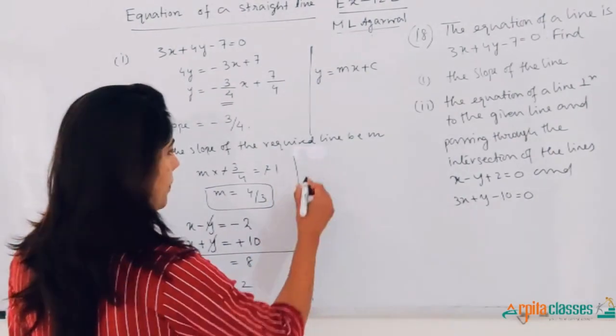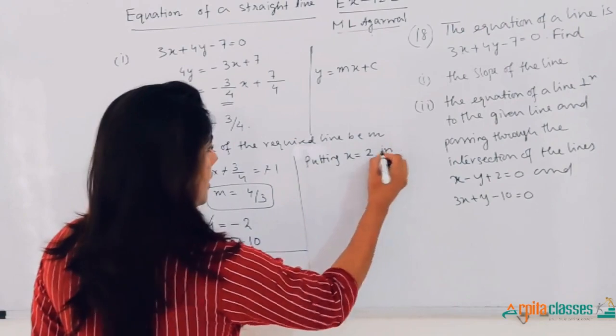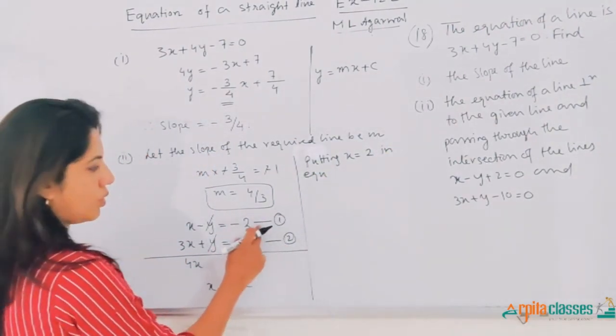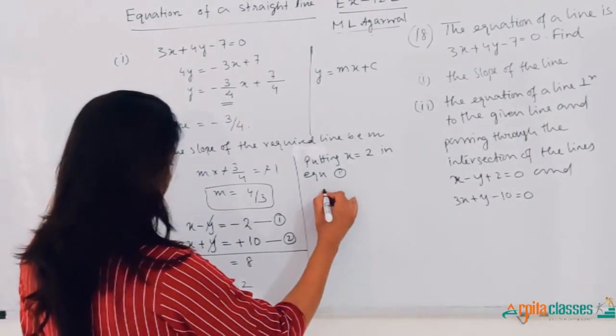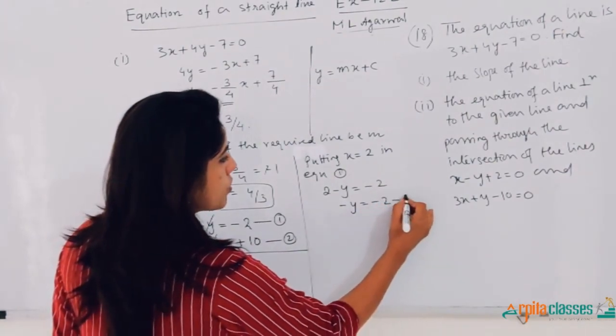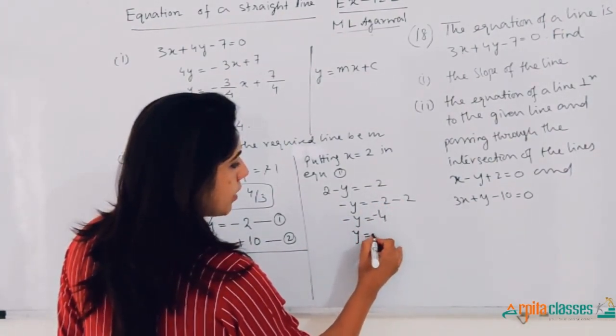Now putting x = 2 in equation, let it be 1 and let it be 2. So in equation 1, we get 2 - y = -2, -y = -2 - 2, -y = -4, or y = 4.